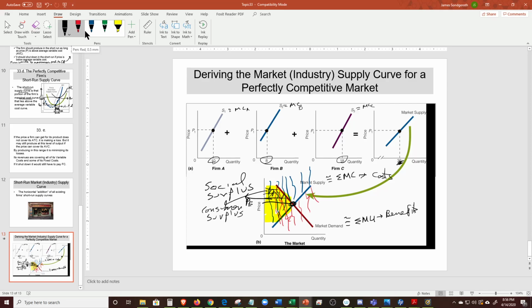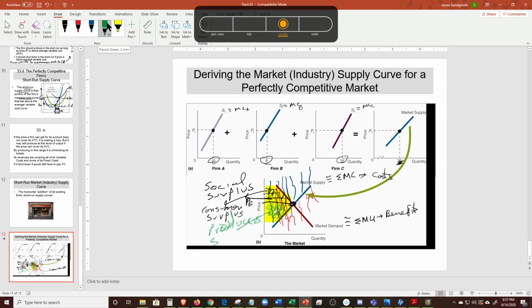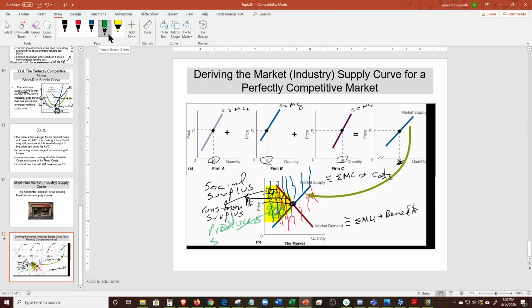And this greenish area is producer surplus.